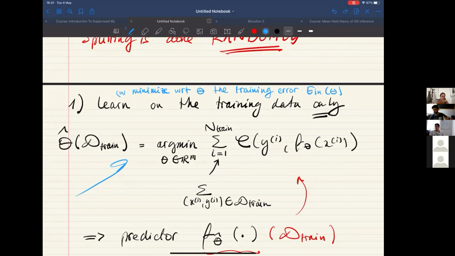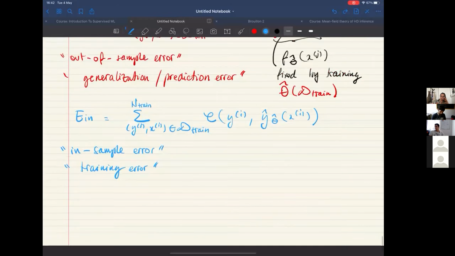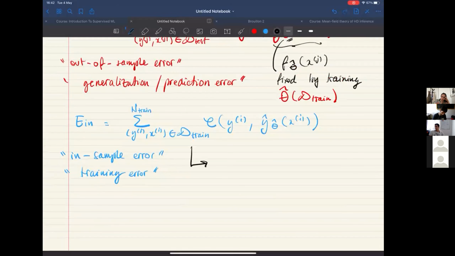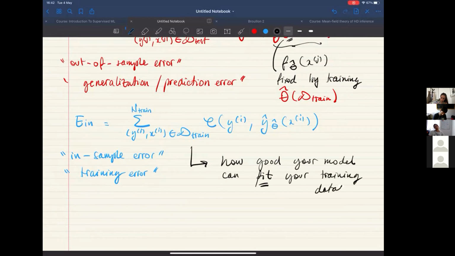And once you reach a minimizer, you obtain a scalar number, and you can call that the final training error, which estimates how good your model is able to fit the training data. So this quantity tells you how good your model can fit your training data.